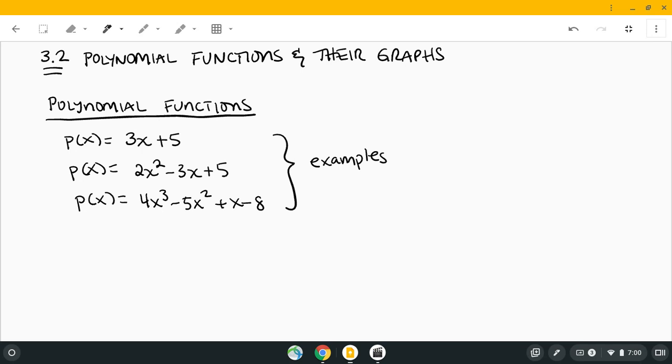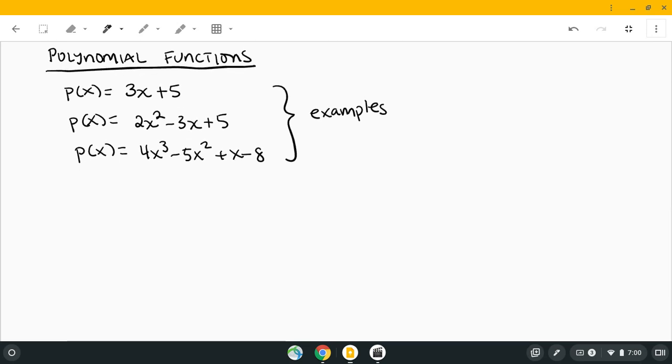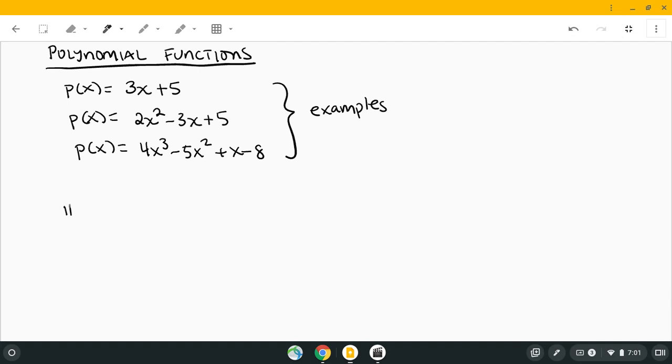So in general, what a polynomial looks like is this: p of x equals, and I didn't want to give this to you first because it looks so scary and abstract. It looks like this: a sub n.